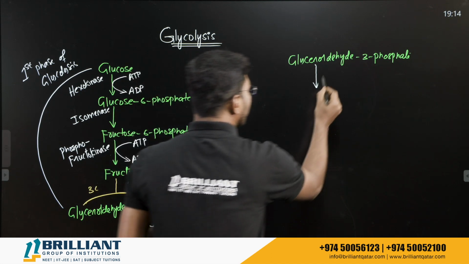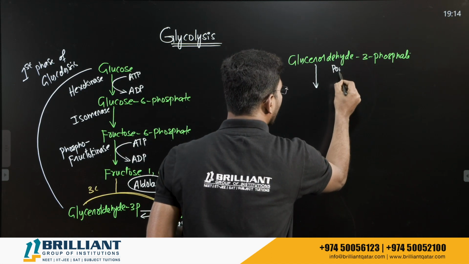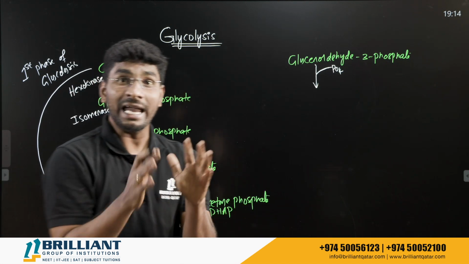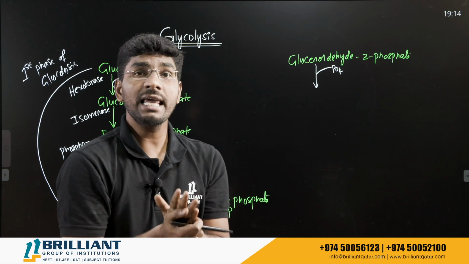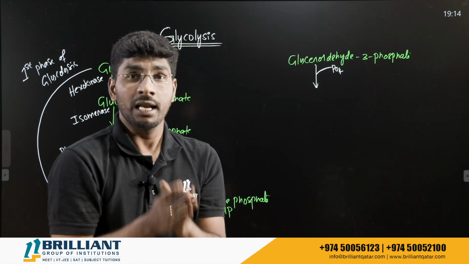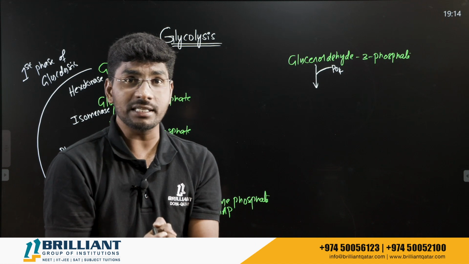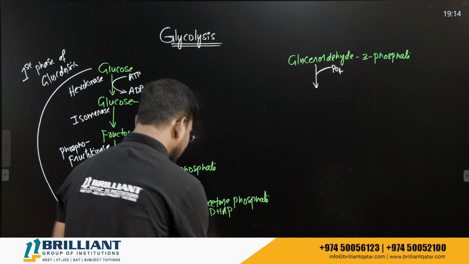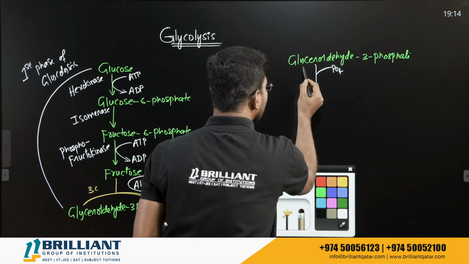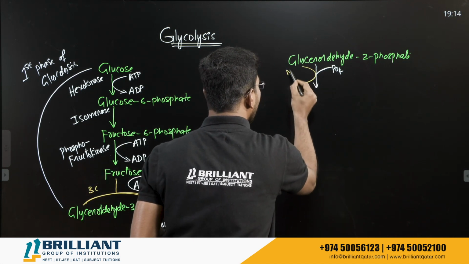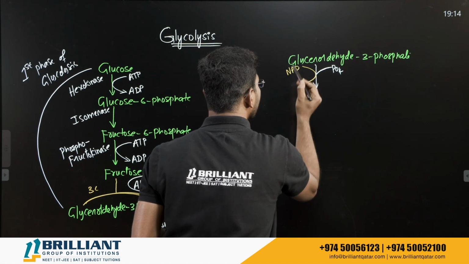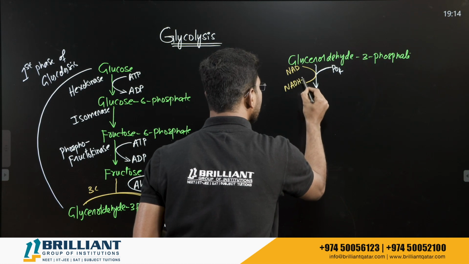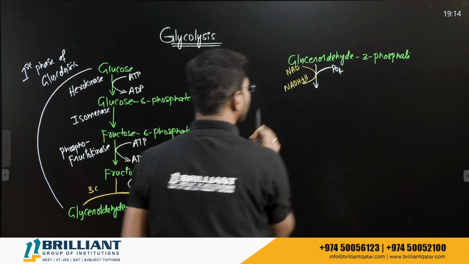So 1 more phosphate comes and adds. Exactly at this stage, NAD coenzyme, nicotinamide adenine dinucleotide, is reduced to form NADH. NAD converts into NADH plus H plus. Very, very important.